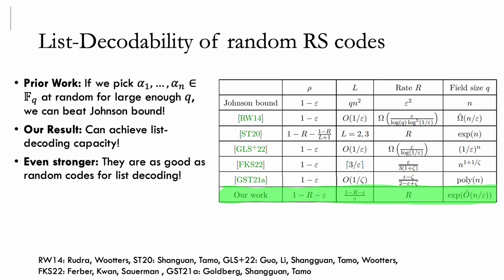And in fact, the list decoding guarantees of random Reed-Solomon codes are just as good as random codes. Our result also fulfills a conjecture of Shangguan and Tamo, who showed that you could achieve this generalized Singleton bound for list sizes of 2 and 3, and conjectured you could do it past that.